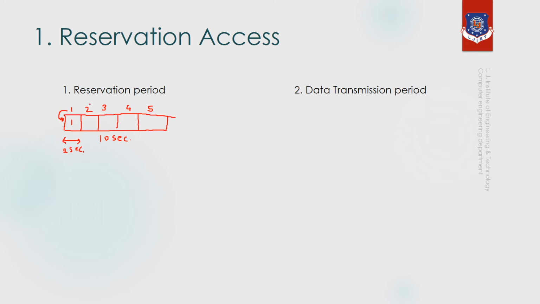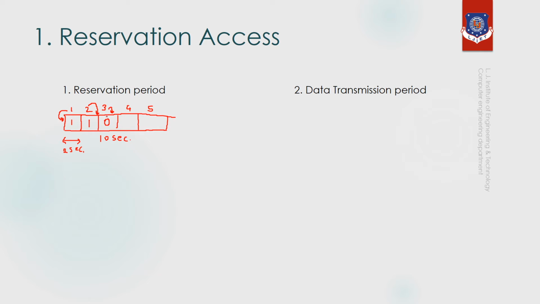If device 2 wants to send any data, device 2 will make reservation by sending 1 in its respective slot only. So when remaining devices will receive 1 during this slot, these all devices will understand that device 2 is going to send data. Suppose device 3 doesn't want to send any data, so it will send 0 in its respective slot.